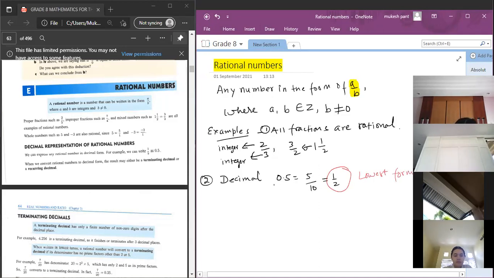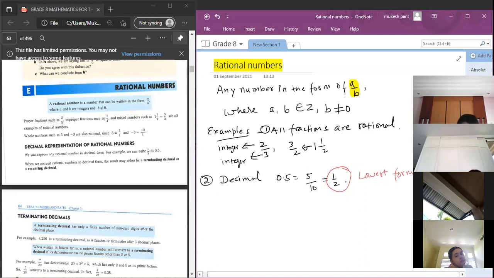Okay, so decimals are also rational numbers, but there are some categories in decimals which are rational. If they are terminating, or repeating and terminating, they are considered rational.